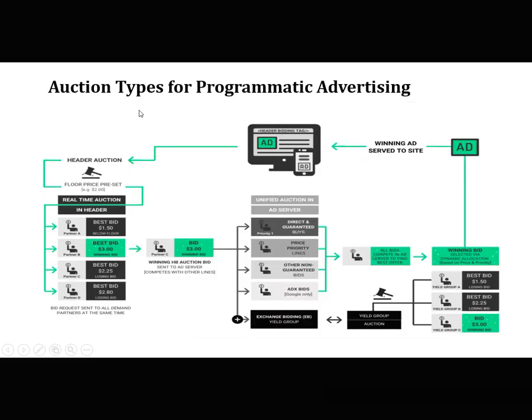This is the auction time for programmatic advertising. This is the header auction, the header bidding, which starts where the floor pricing is set up, and then this is a real-time auction in header bidding. The best bid wins. The best header bidding auction bid is sent to the ad server, which competes with the other line items like the guaranteed and guaranteed price priorities, other non-guaranteed ad deals, and exchange bidding, which is the yield group.